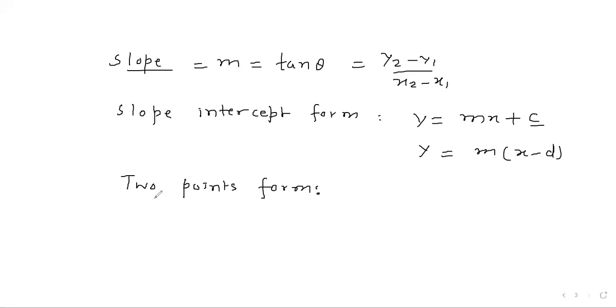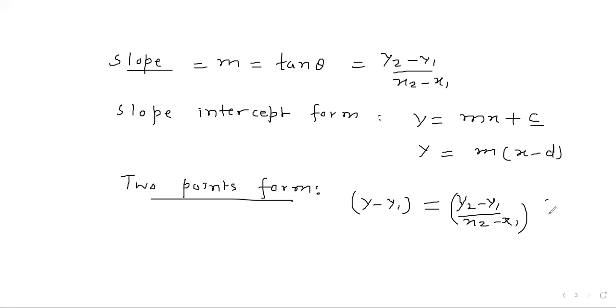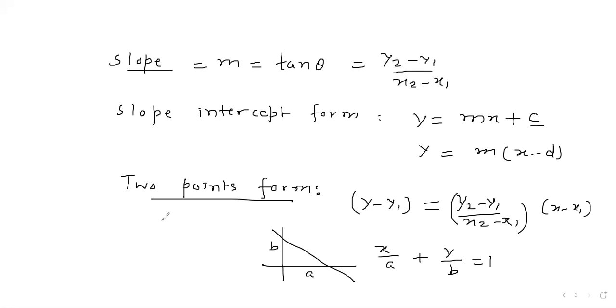If two points are given, in that case, the equation of a line would be y minus y1 equal to (y2 minus y1) divided by (x2 minus x1) times (x minus x1). Intercept form: when the x and y intercepts are given, the equation will be x upon a plus y upon b equal to 1.